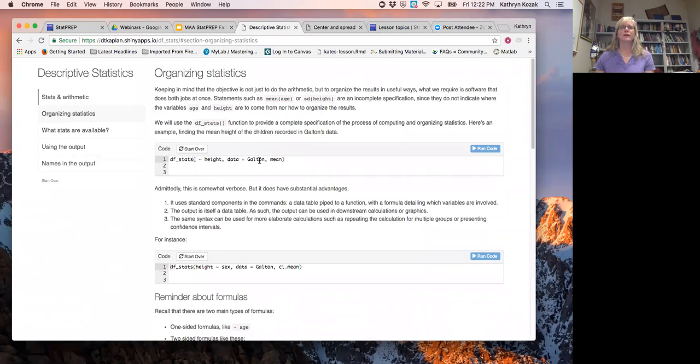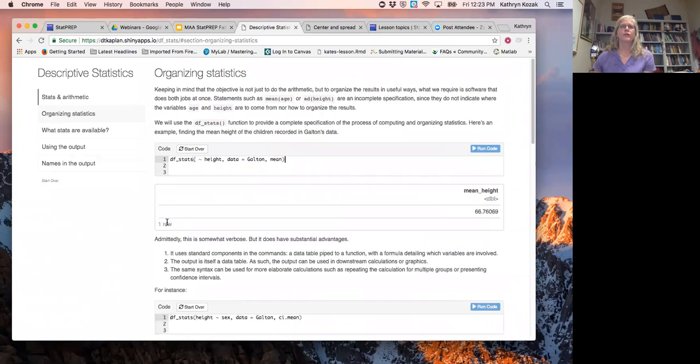We're using the data set Galton, and that is also one that you can load into R automatically. And then we want to have it find us the mean. And then if we just come over here, we can have it run that code. And you'll see it comes out. It only has one row here because it's just letting you know that it calculated this, and it's finding the mean height of these people.